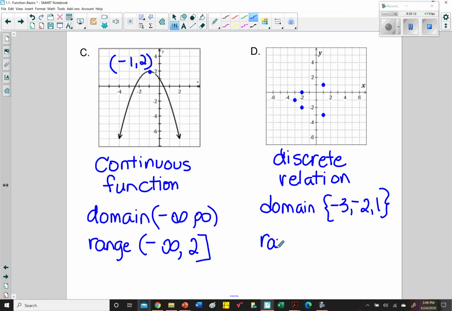And the range will be -3, -2, -1, 0, and 1. So that's pretty easy. I have a couple more examples.